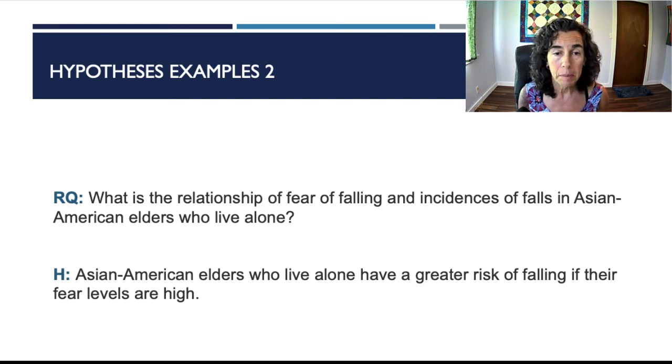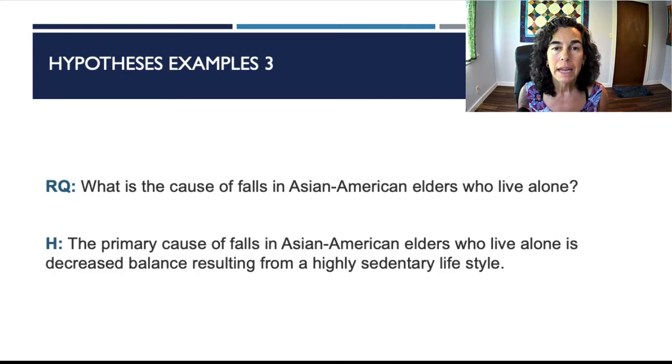Continuing with our example, RQ: what is the relationship of fear of falling and incidences of falls in Asian American elders who live alone? The hypothesis is that if you live alone, you have a greater risk of falling if you have a high fear level. Again, the implications are what's important. In our third example, what's the cause of falls in Asian American elders who live alone?